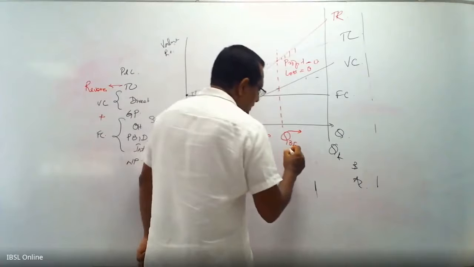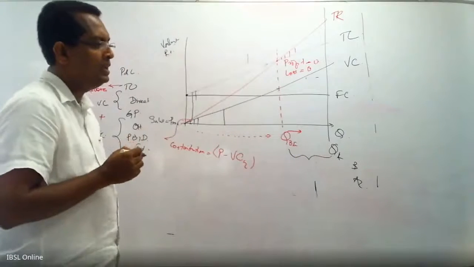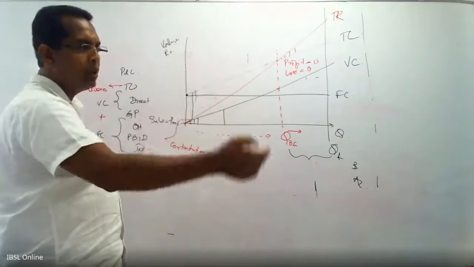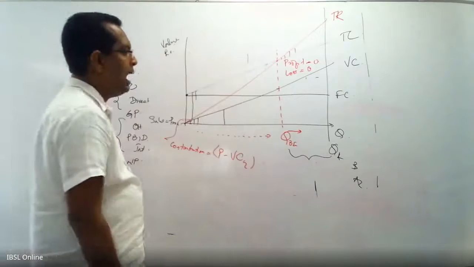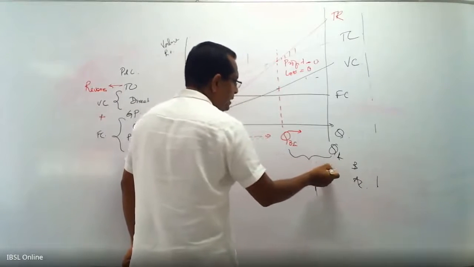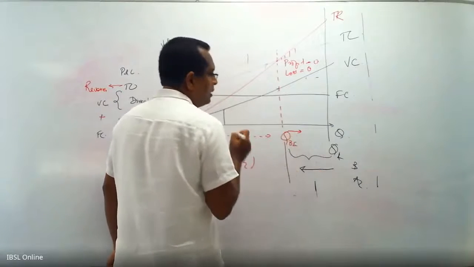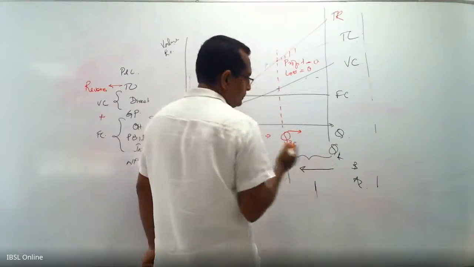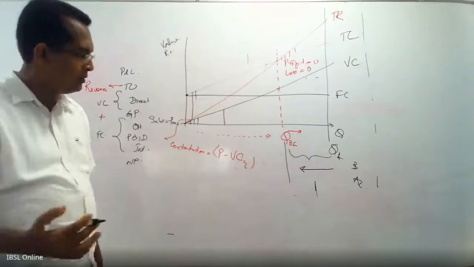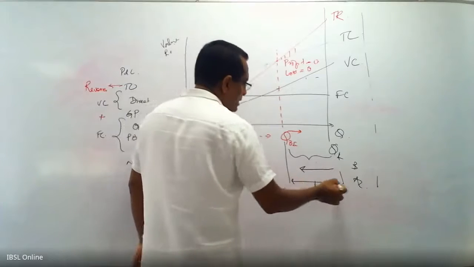So margin of safety is the difference between the actual quantity sold or the budgeted quantity to be sold and the break-even quantity. That means if you bring down the quantity till this point, there is no loss. You are safe. You are not making any losses. So this one is called margin of safety.